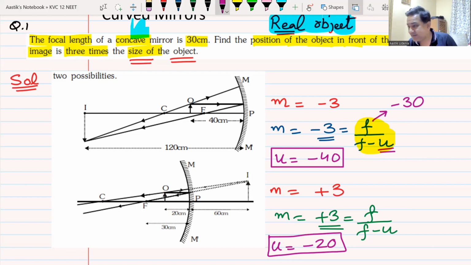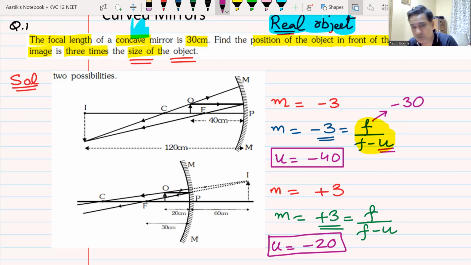Abhiram says that he did the second way, sir. Remember, that is the reason why this question was given to you. Now remember, in NEET... Yes, you took it as +3. Why did you take it as +3? It was not given that it's a virtual image. Now remember, in NEET, you will not get a question which will have two options, but then it will be mentioned whether the image is real or the image is virtual.